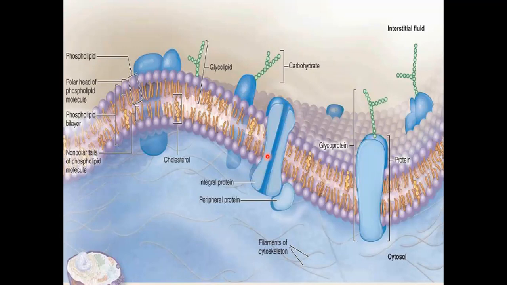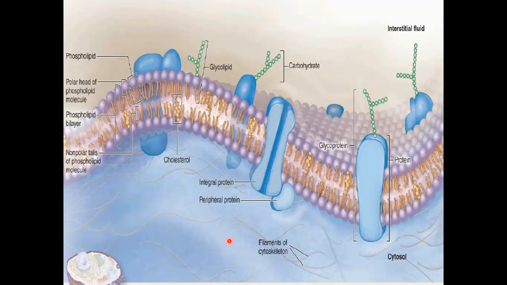This channel will allow transportation of substances or fluid from the inside of the cell to the outside and vice versa, from the outside to the inside of the cell. Now, channel proteins are of various types. There are channel proteins that can only be accessed by charged molecules.